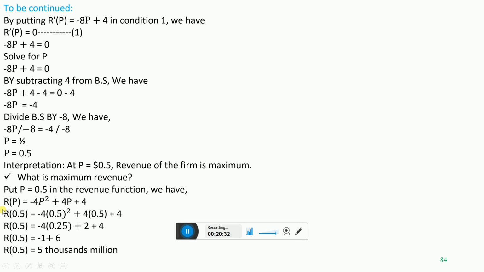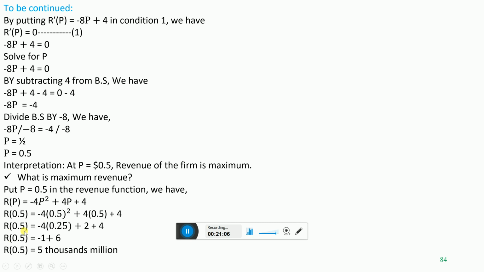So the revenue function, as given, is R of p equal to minus 4p squared plus 4p plus 4. Price p is equal to 0.5. We replace p with its value 0.5 in the revenue function.